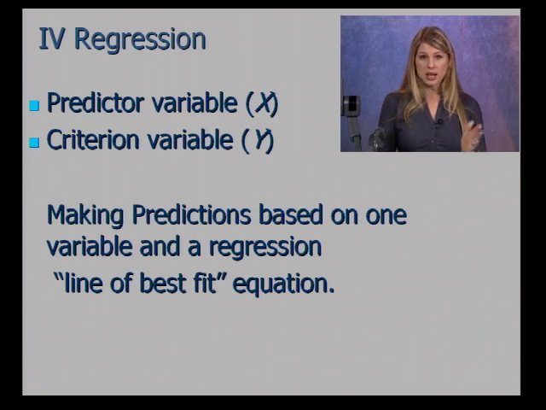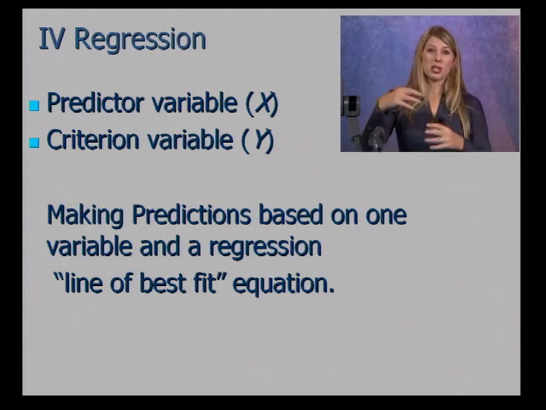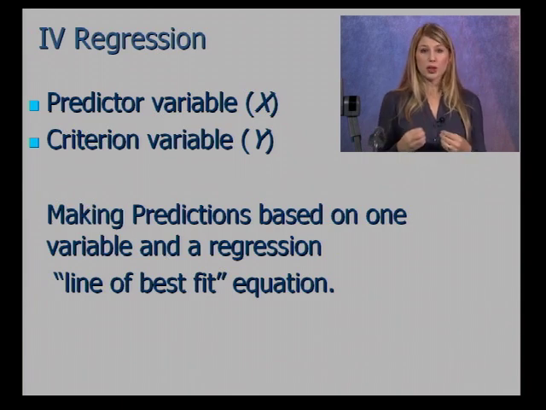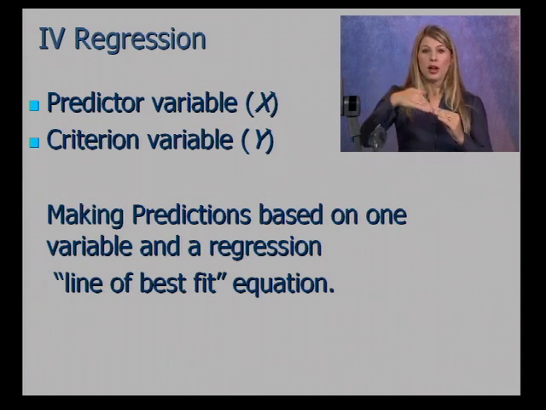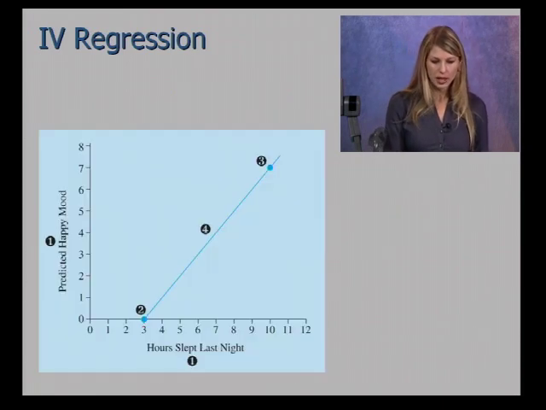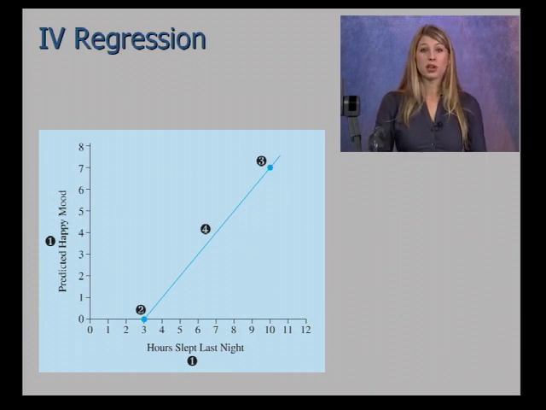And in order to predict, you have to take that relationship with a scatter plot, put a line of best fit, and then make a formula or an equation to calculate that line, and the equation for that line becomes your formula to make predictions. So you end up using what we call a regression line and a regression equation to make predictions of y based on x. And this line of best fit you should be familiar with by now.